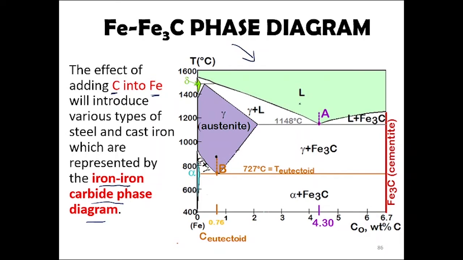It is important for us to know what the phases involved in the iron-iron carbide phase diagram are. For example, we have liquid. We also have delta phase, which is a solid phase, gamma plus liquid, gamma only in solid phase, alpha plus gamma phase, both in solid phase, and the alpha phase region, which is the alpha solid phase.